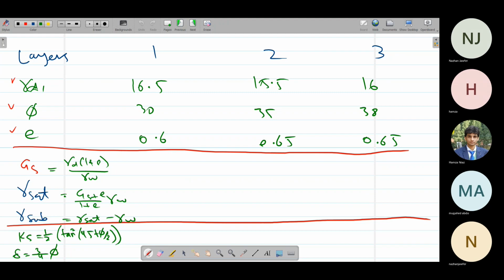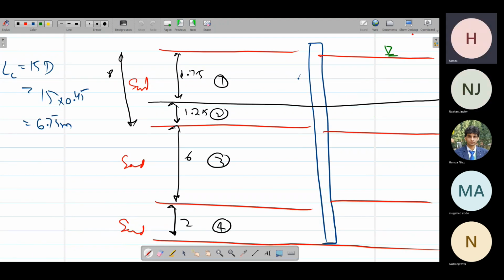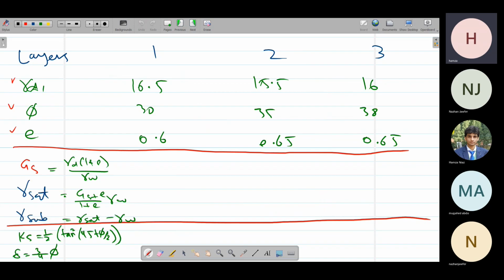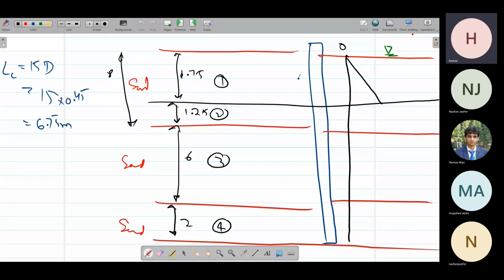All right. After calculating these gamma submerged values, now we are going to use them to calculate overburden pressure. At the top it is 0. Suppose the gamma submerged value for the first layer comes out to be something like 10, this 9, this 9.5 something. Because it is gamma submerged, it would be much lesser than the gamma values. So for the first layer we have this 10 gamma, so 10 times 6.75.